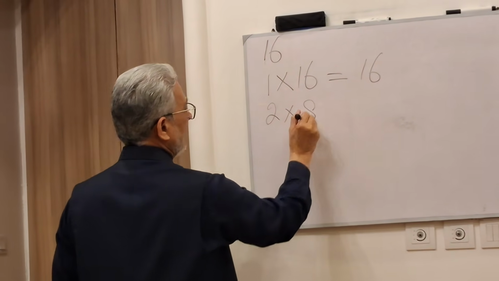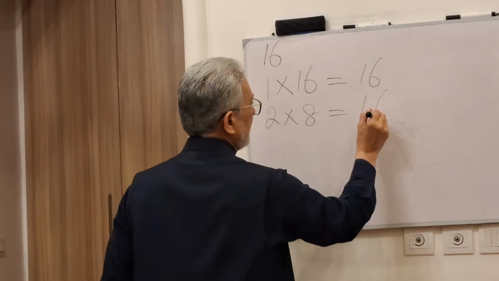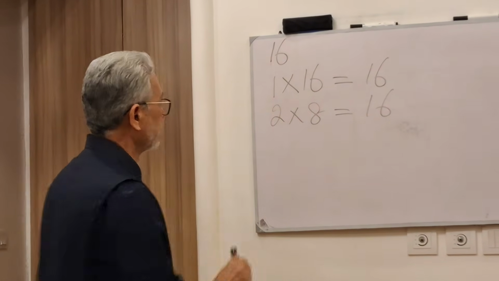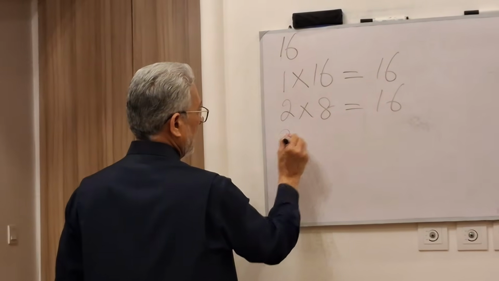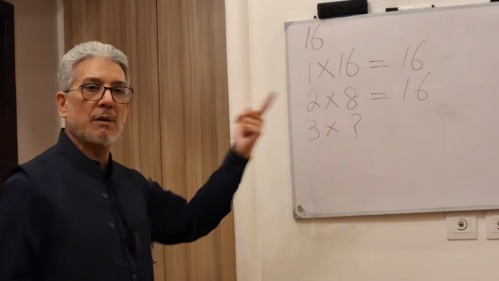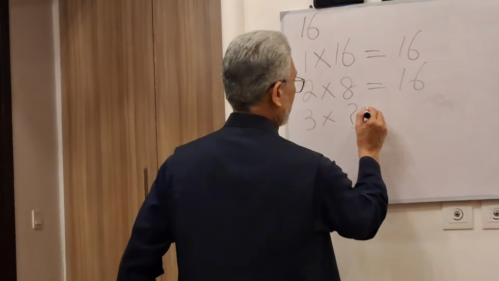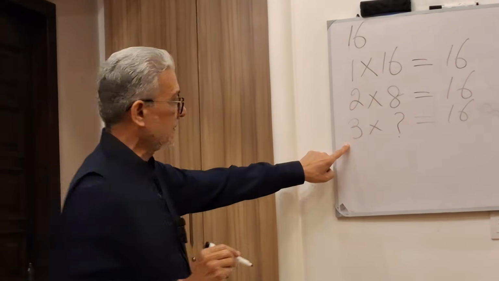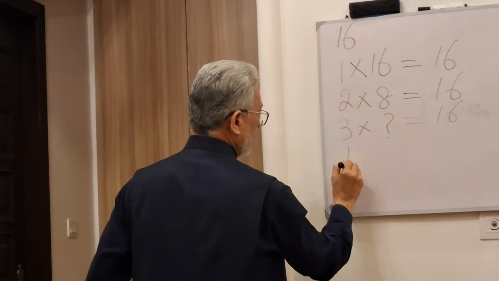Multiply it with 8, you will get 16. So 2 and 8 both are factors of 16. What is the next number? 3. What will you multiply it with to get 16? No number. So 3 is not a factor of 16. Okay?